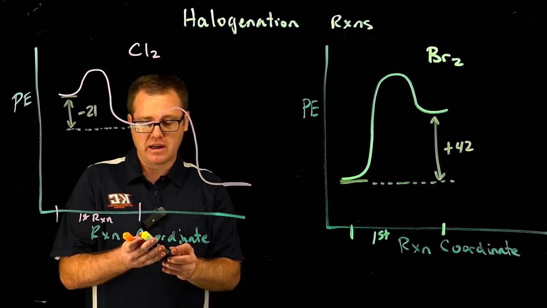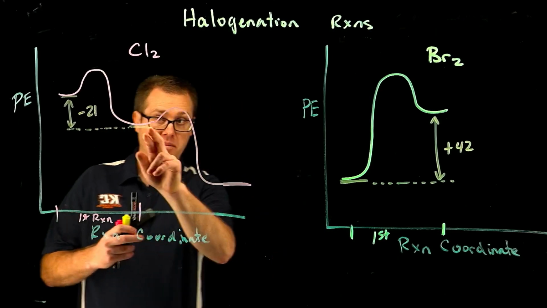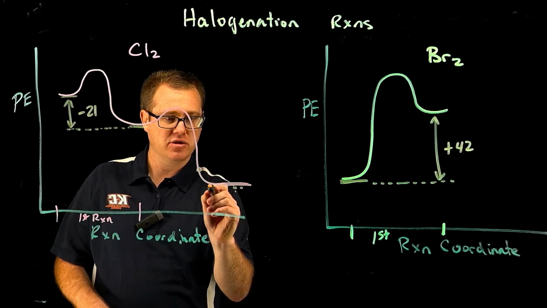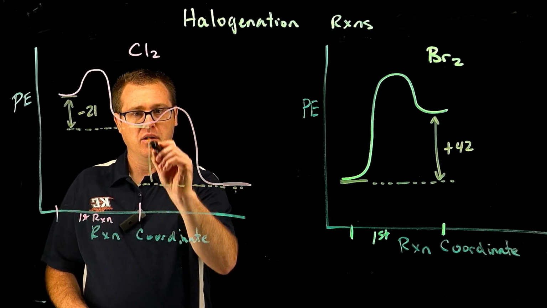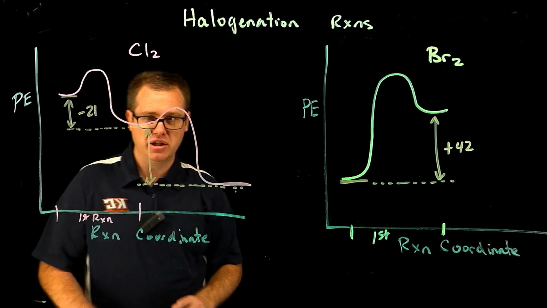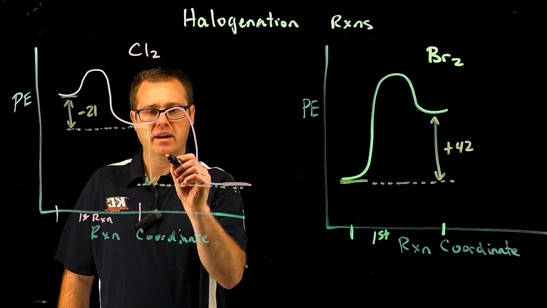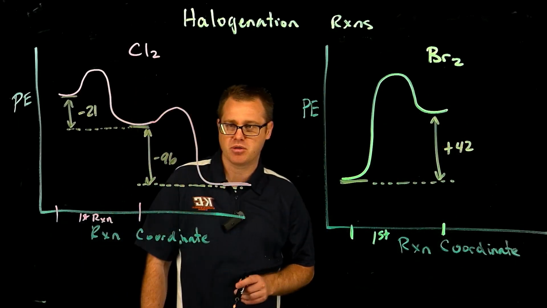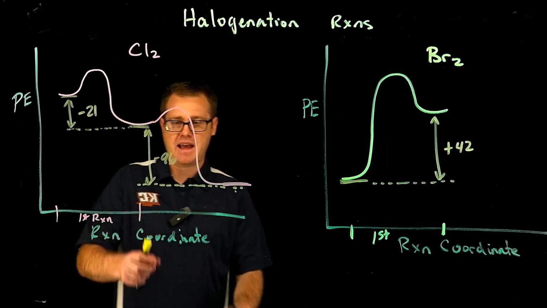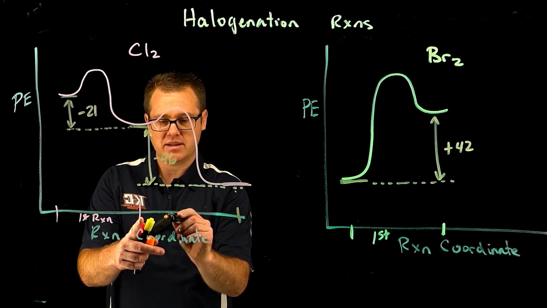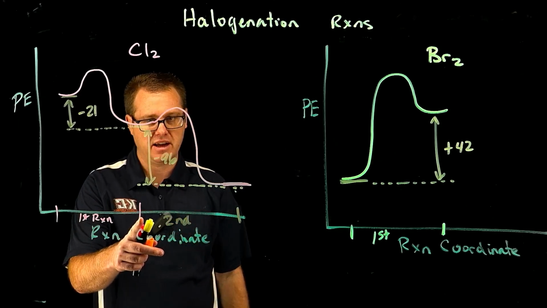And so when we take a look at the energy difference from this intermediate to the final product, if we extrapolate out there, what is the energy difference? That was calculated to be a negative 96 kilojoules per mole. So you can see that from here to here, this is the second propagation step.